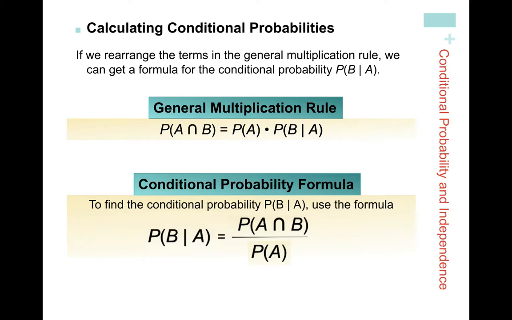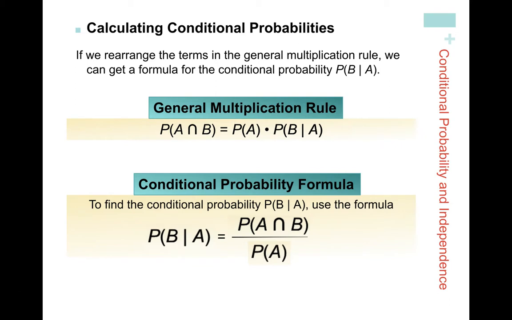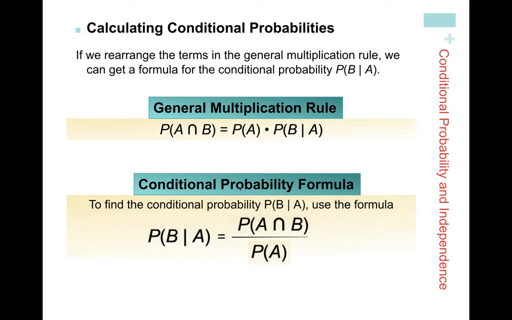The conditional probability of B given that A has occurred is equal to the probability of A intersect B divided by the probability of A. And that comes straight from our general multiplication rule. So this is actually a very nice formula to memorize, but you can just memorize either one of those, and then obviously this is just rearranging this.